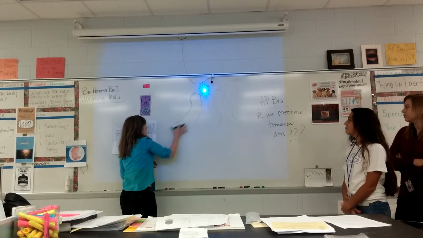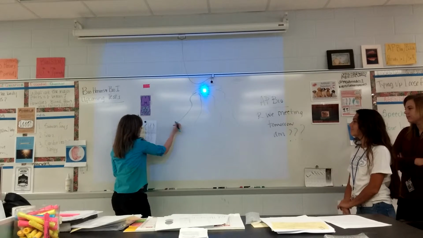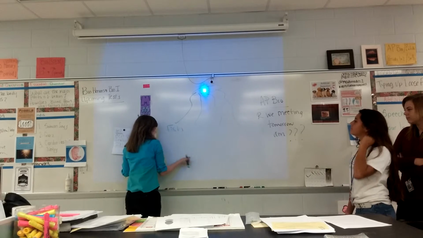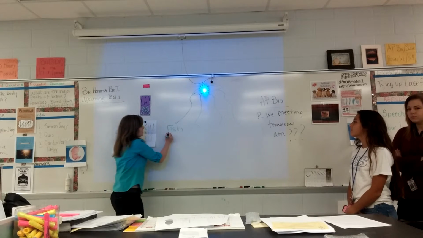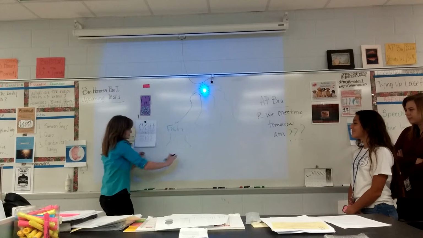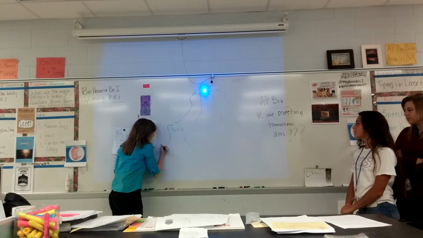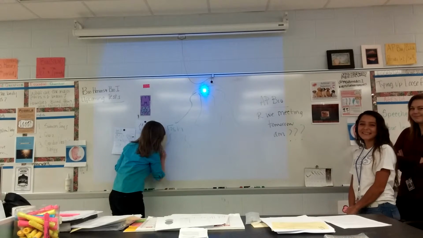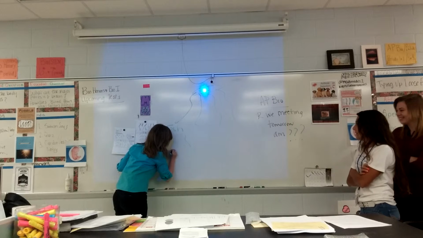So here you're going to have, let's say, a fish, okay? And then from the fish, different species of fish came about. Like, somebody give me a name of fish. Trout, thank you. Trout. Okay. Goldfish.